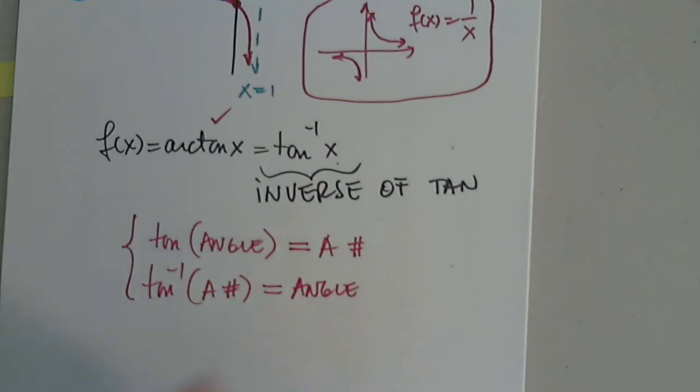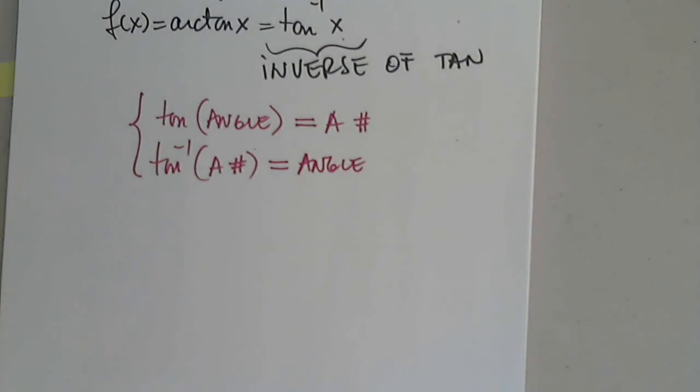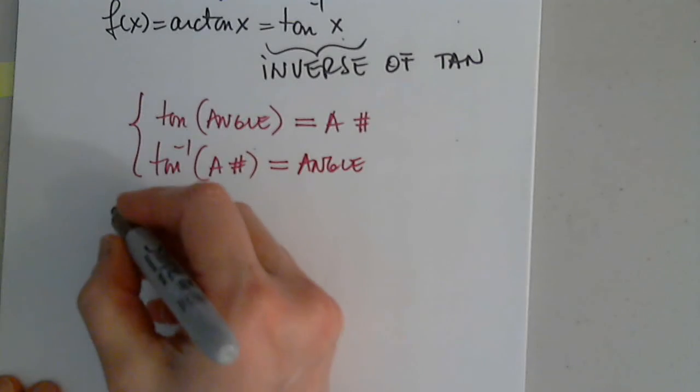And this is true for all inverse functions and all trig functions. So tangent or sine of an angle is a number, sine inverse of a number is an angle. This is a widely used function, and you will encounter it in limits and all over the place. So I would like to graph it with you.